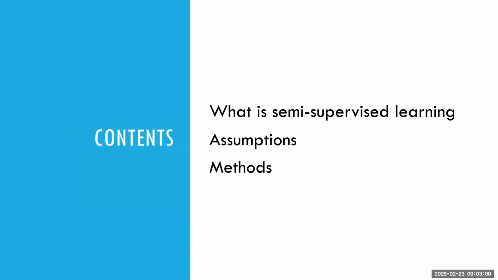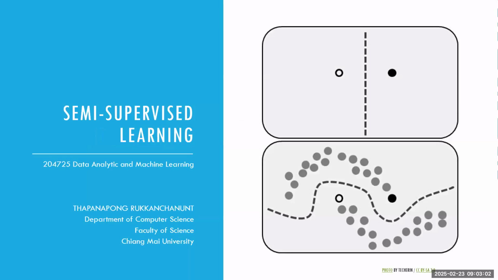If you look at the image at the start, on the top is your labeled data. You only have two data points, one for black, one for white. If you only use these two data points to create a classifier, you would get something along this line, splitting the plane into white and black.